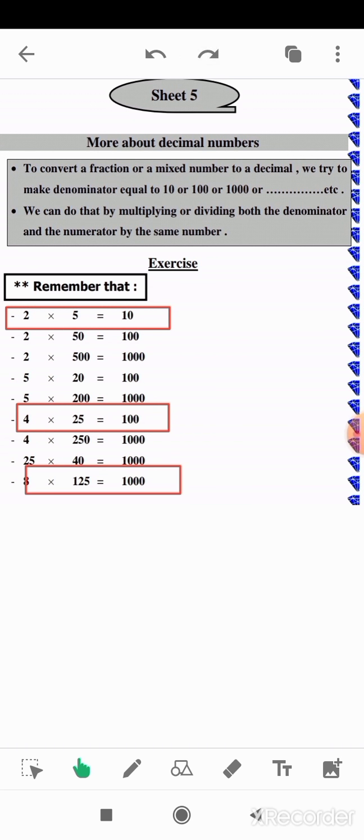If I find 8, I will multiply by 125. If I find 125, I will multiply by 8. And I will change to zeros. I have 3 main rules here: 2 with 5, 4 with 25, 8 with 125.